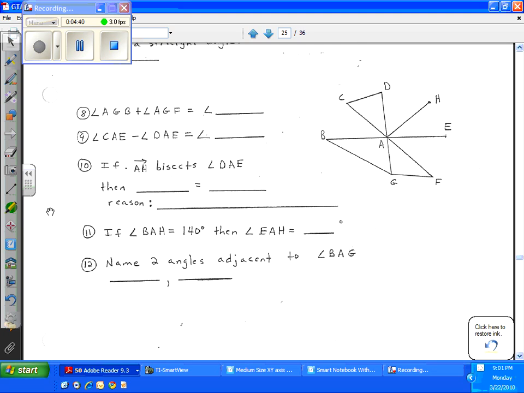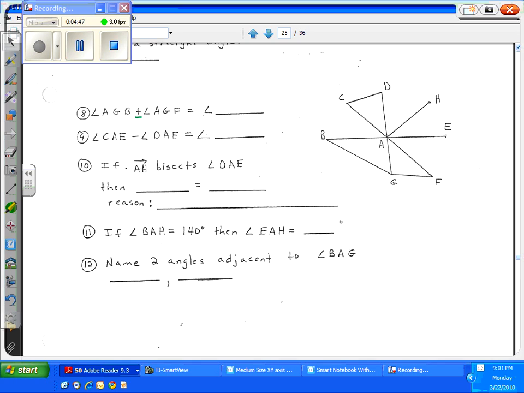Now, what we're getting into here with the next little picture is dealing with angle addition and angle subtraction and the definition of an angle bisector. So if we were going to add 2 angles, we would say, okay, I'm starting with angle AGB. So that would begin with A. I tried to throw you off. See, you thought I was going to bend at A, didn't you?